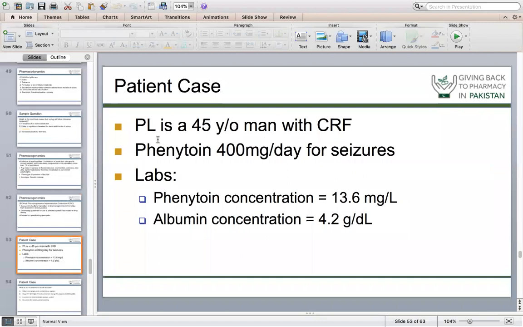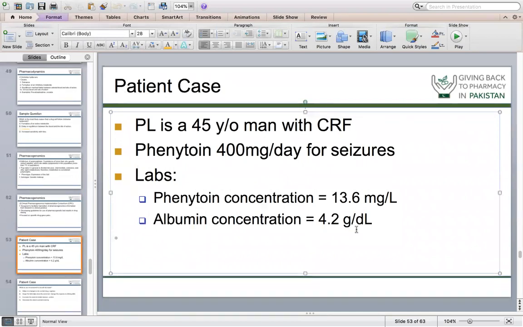PL is a 45-year-old man with CRF and phenytoin. He's prescribed phenytoin 400 milligrams per day for seizures. His labs: phenytoin concentration is 13.6 milligrams, and albumin concentration is 4.2 grams per deciliter.